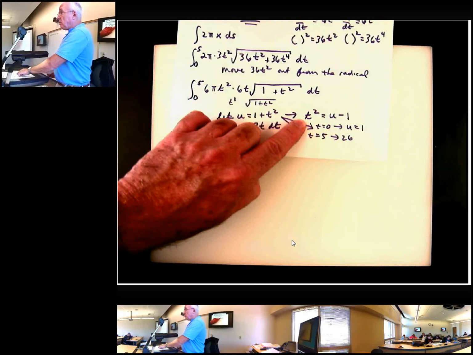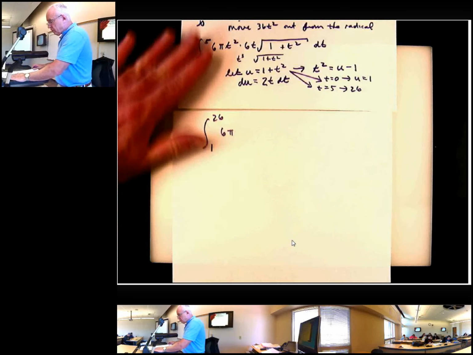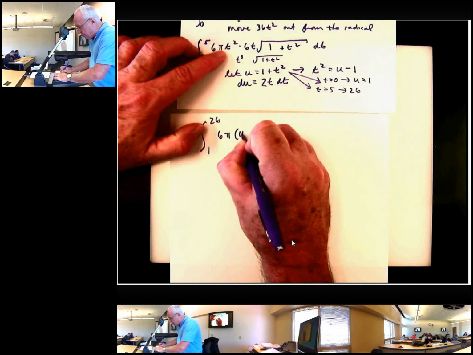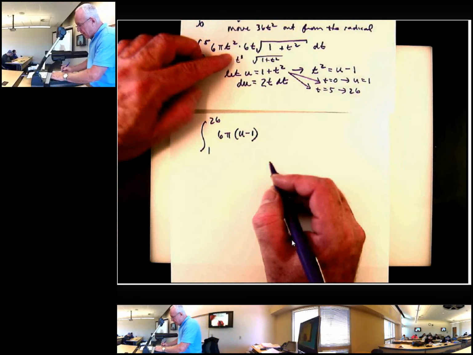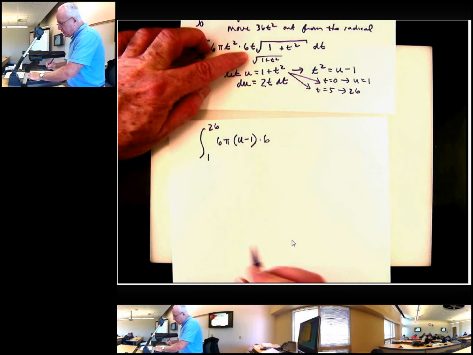But I can rewrite t squared as u minus 1. So for t squared here, I'm going to put in parentheses u minus 1. We still have a 6 here.